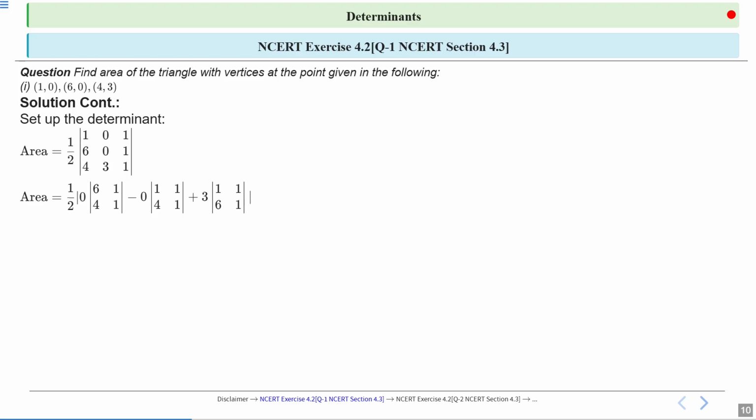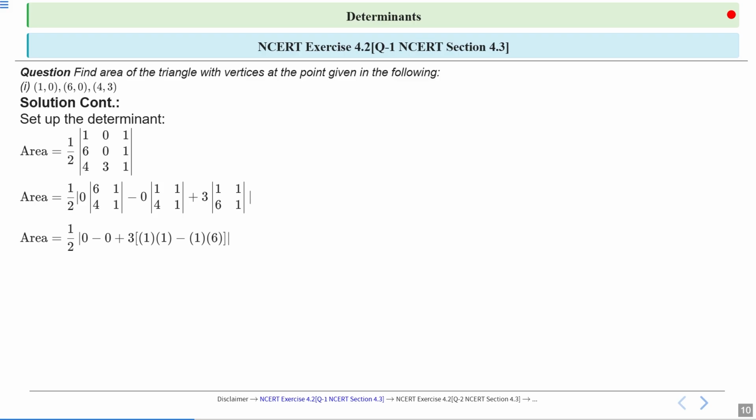We just expand along column 2 because there are 2 zeros present. So we choose column 2 to expand, and the first term and second term become 0. So we only need to calculate 3 multiplied by the determinant of 1 1, 6 1. That is 1 by 2 mod 0 minus 0, plus 3 into the determinant of 1 1, 6 1. Just multiply the diagonal elements minus the product of the off-diagonal elements.